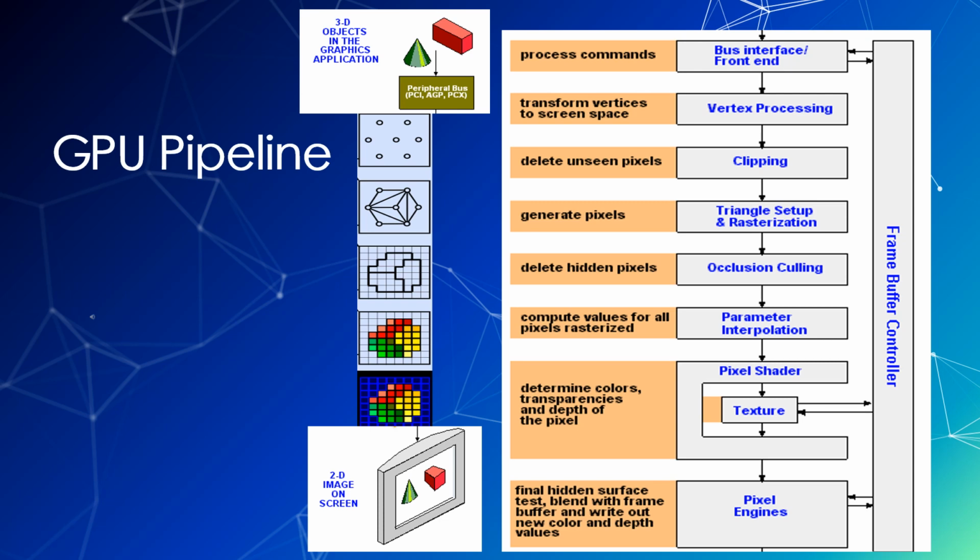And finally, the pixel engines mathematically combine the final fragment's color, its coverage, and degree of transparency with the existing data stored at the associated 2D location, to finally display your 2D image on your screen.